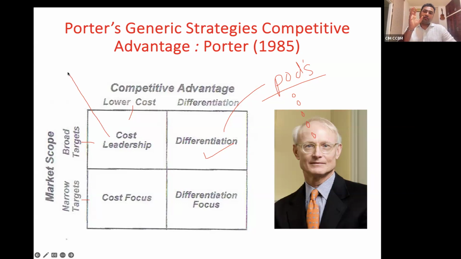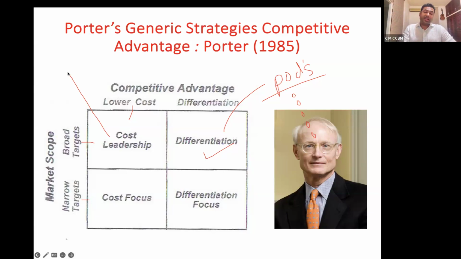And that will give you what we call economies of scale. What is economies of scale? Economies of scale means when you have a large number of customers, you will sell a large number of units with a small profit margin. So you'll have a scale advantage.